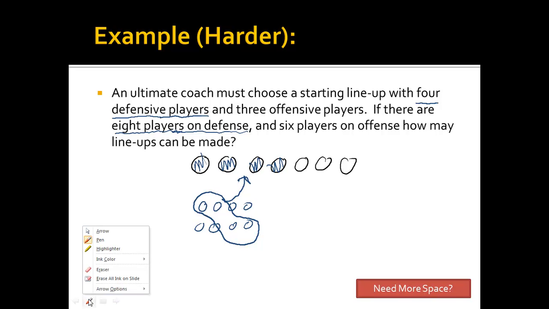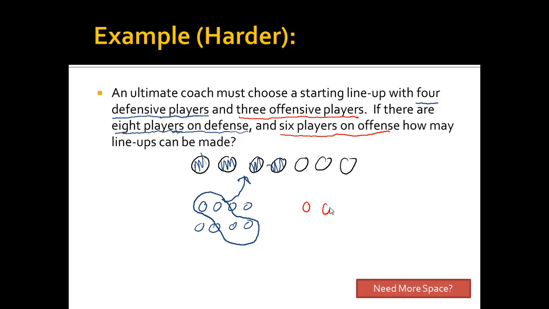Whereas in the case of the other thing I was choosing from, I had 3 offensive players and there were 6 that I was choosing from. So what happened was I had 6 offensive players and I chose these 3, and I'm just choosing these at random. And they go here.